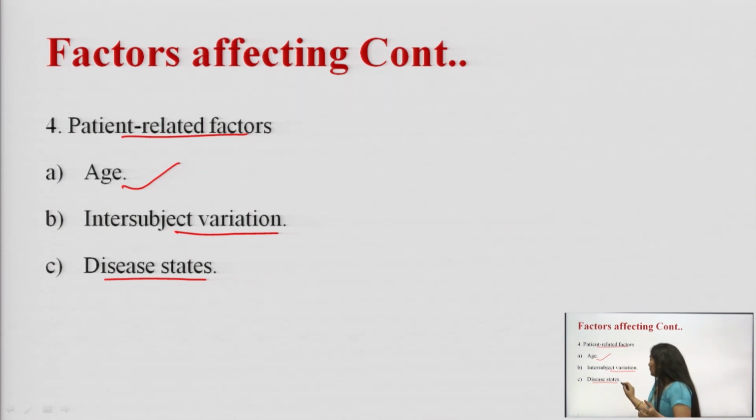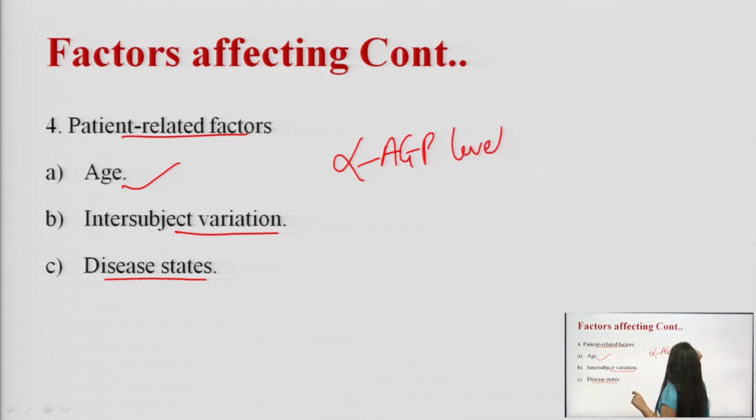For example, the level of some proteins in case of disease state will vary. In that case, the level of protein drug binding will also be affected. At the start of the lecture, I told you that the level of alpha acid glycoprotein, alpha AGP, is very low in a normal healthy individual, but in case of disease state, the level of this protein will be very high.